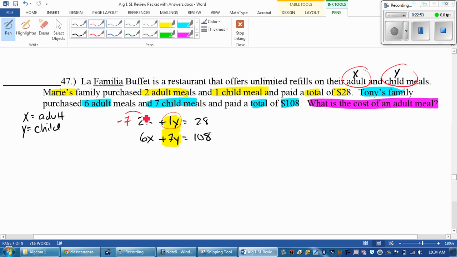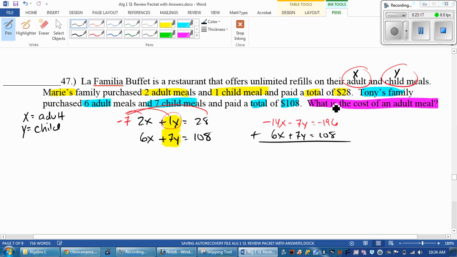Okay, so multiplying by -7, we get negative 14x minus 7y, and then -7 times 28. Yeah, negative 196. Okay, my bottom equation stays the same. 6x plus 7y equals 108.